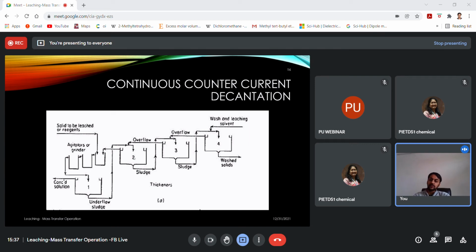So from tank 2 to 1, the solvent travels using overflow, and in the underflow the sludge travels. Again, from tank 2 to 3, the sludge travels from the bottom and the solvent travels using overflow. So this way, in a counter current manner, continuous counter current decantation works. It is also a very high efficiency equipment.